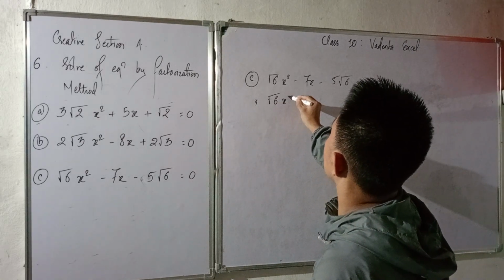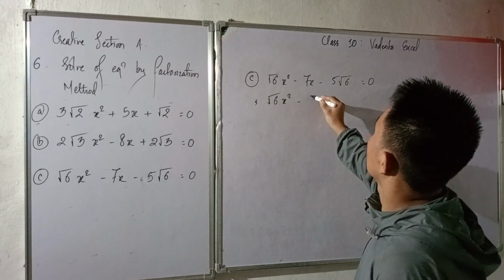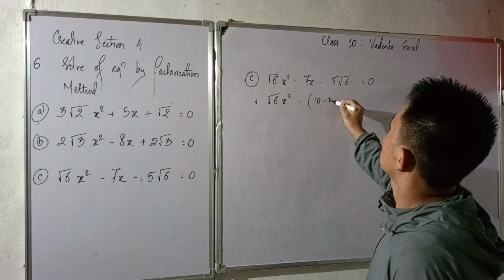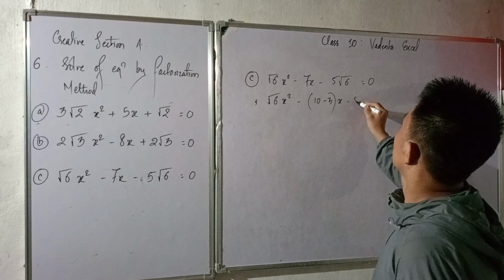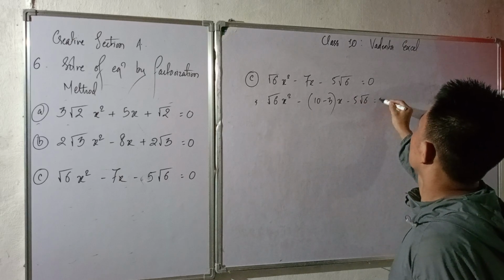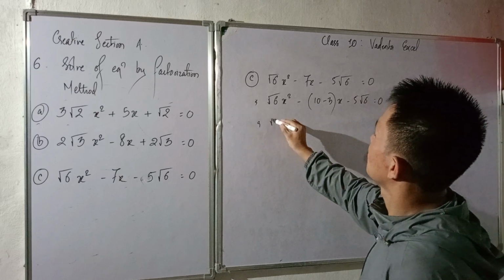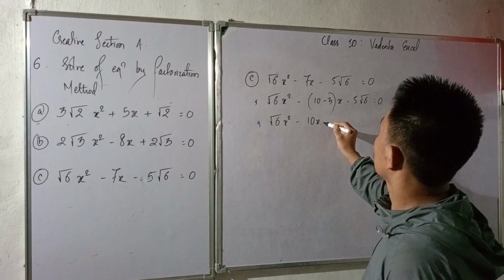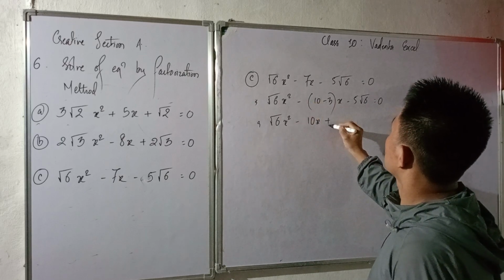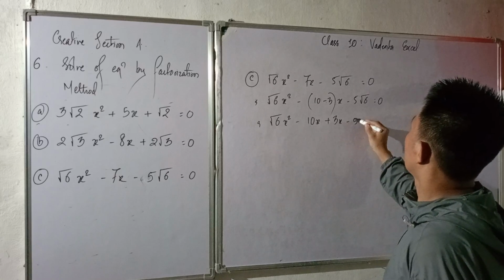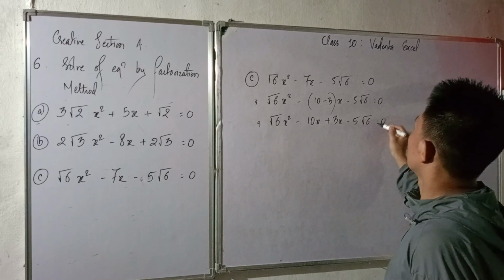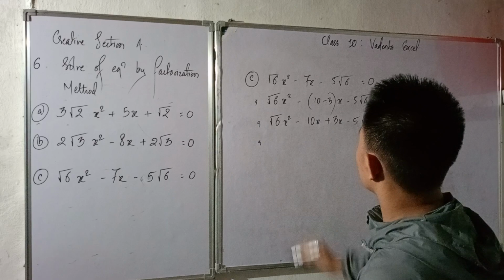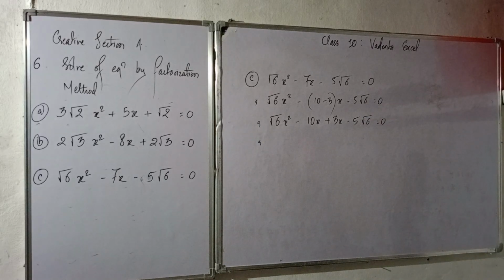Now you got root 6 x square minus 10 minus 3 x minus 5 root 6. You just check your answers here. Root 6 x square minus 10x plus 3x minus 5 root 6 equals 0. Now you just take the common.